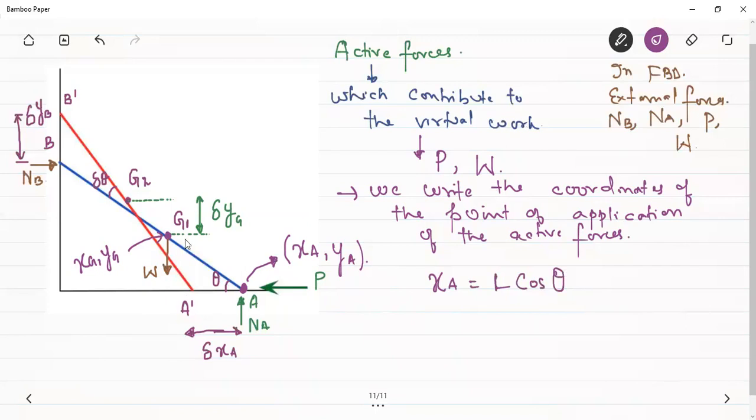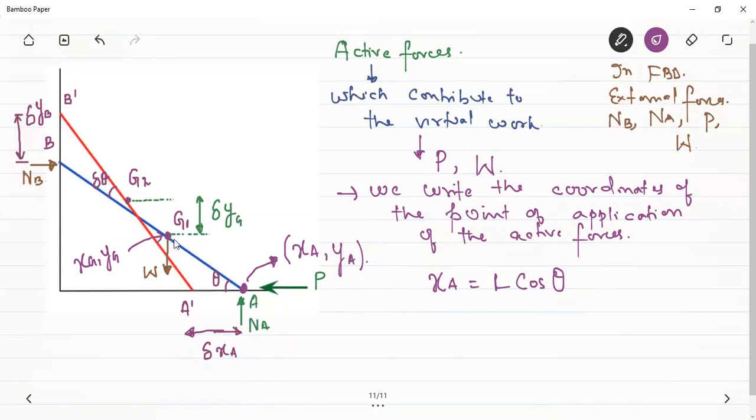I'm not interested in the y coordinate. For the point A, I will be interested in only the x coordinate because I have a differential displacement in the x direction only. So there is no need to write the y coordinate of A, because there won't be any displacement in the y direction of the point A.